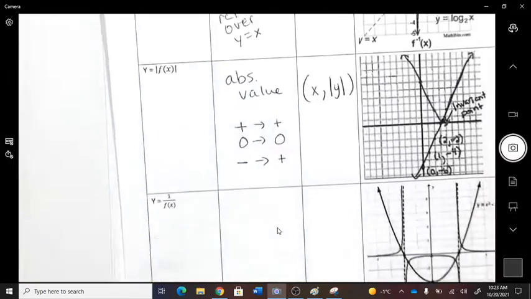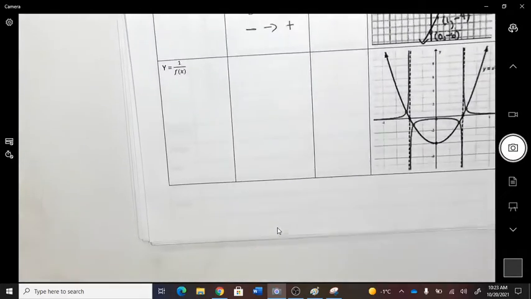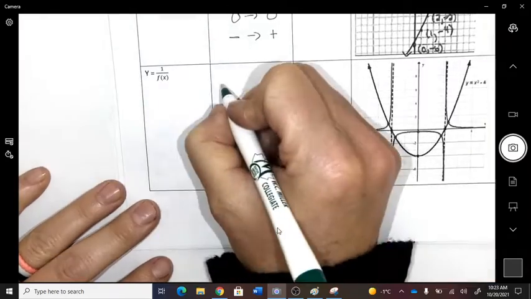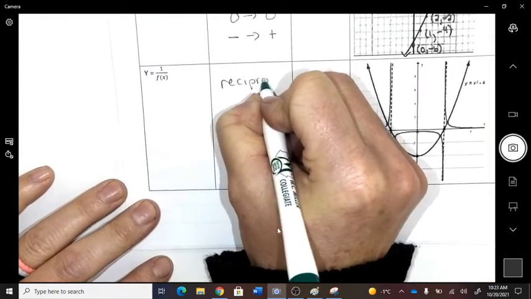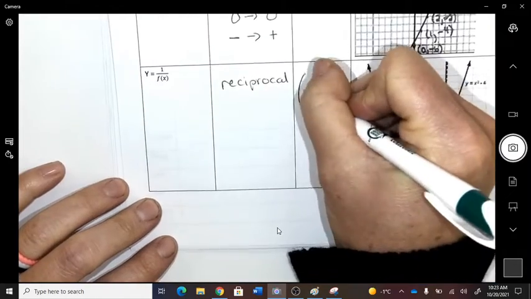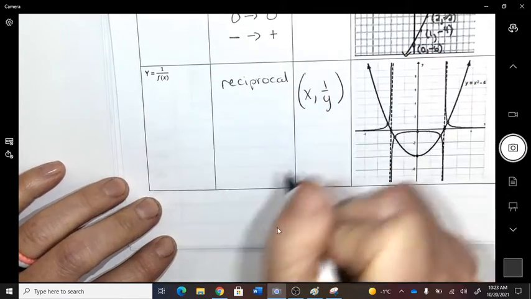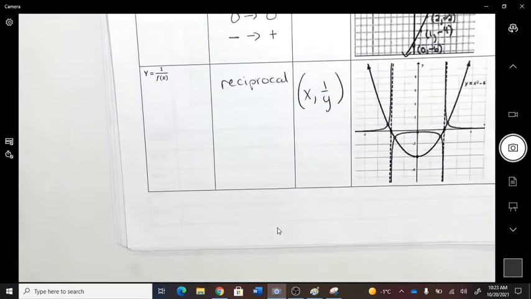Okay, and then the last one, so that name is a reciprocal. So a reciprocal function is a flip-flopping fractions kind of idea. Okay, I developed a process of step 1, step 2.